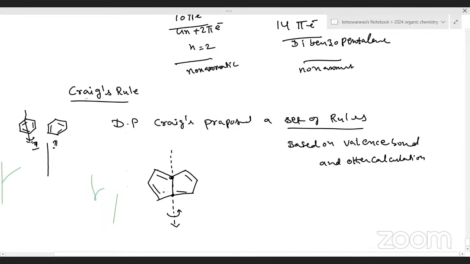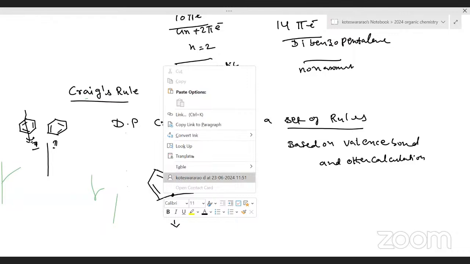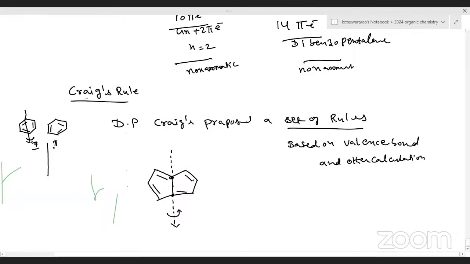Based on that Kekulé structure, the pi centers are labeled with an equal number of spin symbols. Suppose here I am taking this pi bond: it is labeled with alpha, this with beta, alpha, beta, alpha, beta, alpha, beta. Look here, this alpha center is the mirror image of this alpha center.